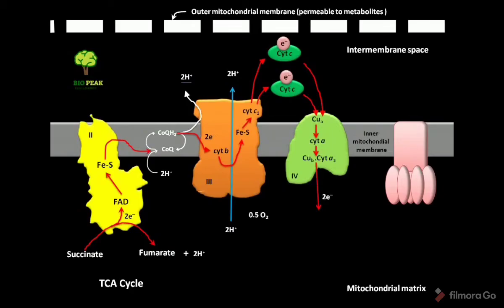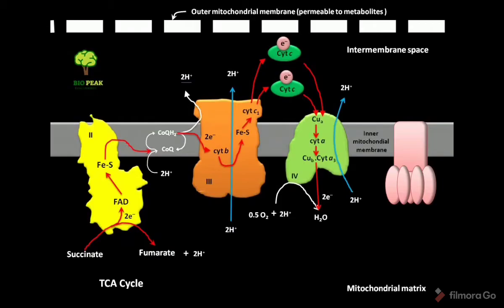After accepting 2 electrons, 0.5 or half O2 and 2 protons combine to form one H2O molecule. During the transport of 2 electrons in complex IV, 2 protons from the mitochondrial matrix are translocated across the inner mitochondrial membrane and reach the intermembrane space. The mechanism by which the protons are translocated is unknown.